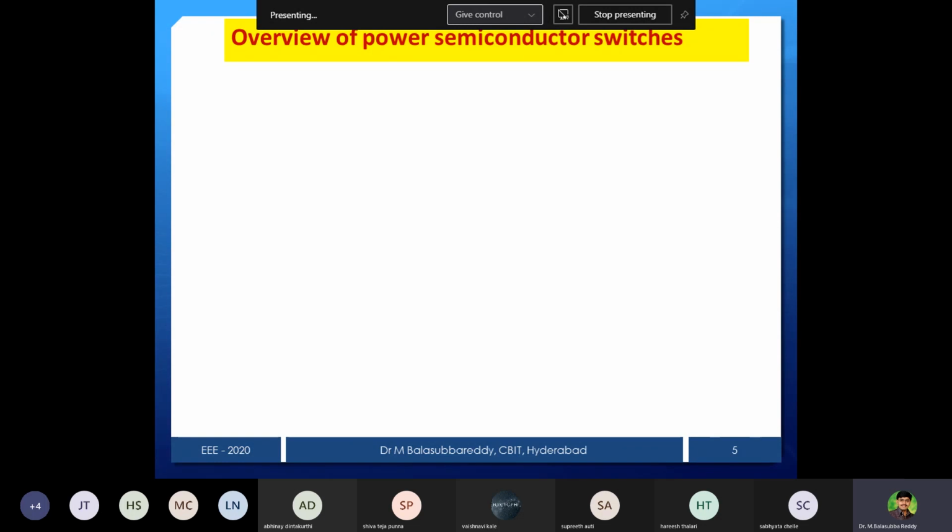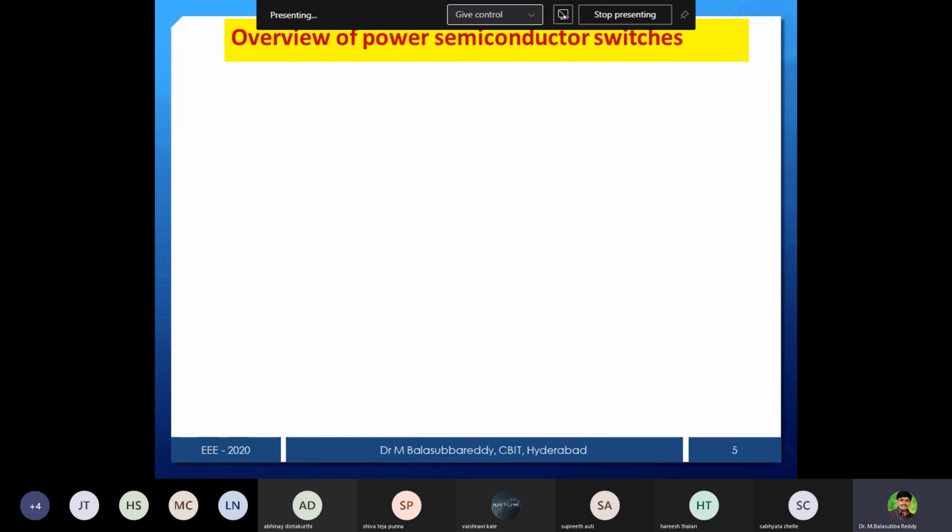We use them here only as a switch. There are two operating modes: either it has to be completely on or completely off. That is the only thing here. So it is like a switch.